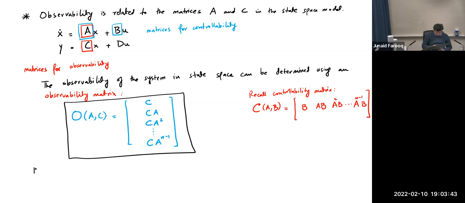So if the observability matrix of A and C is full rank, right? Or in other words, if it is invertible, then the system is observable or completely observable.